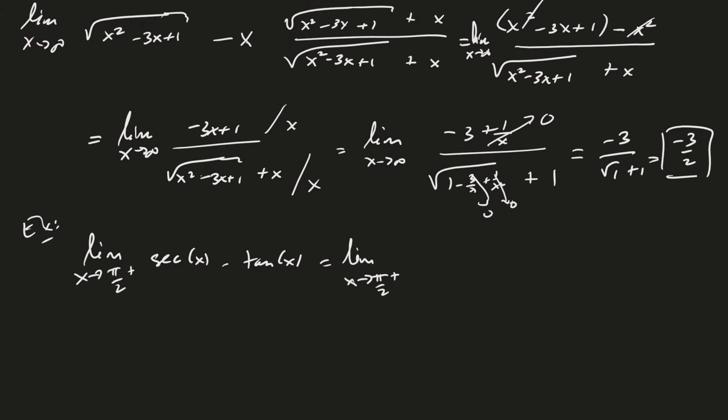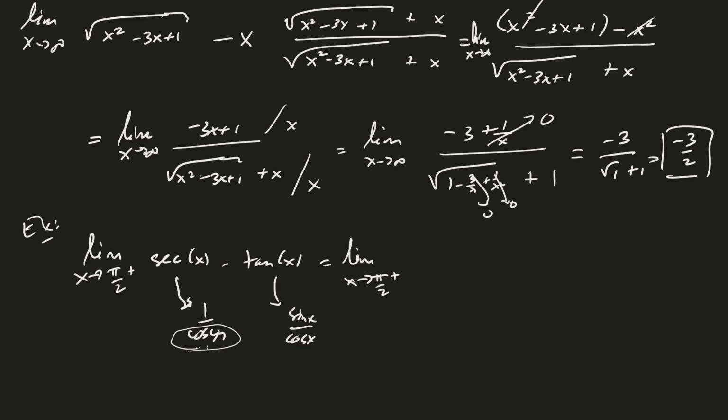By the way, what kind of form do we have here? Should we check that? Secant is 1 over cosine, and tangent is sine over cosine. As x approaches pi over 2, what does cosine do?